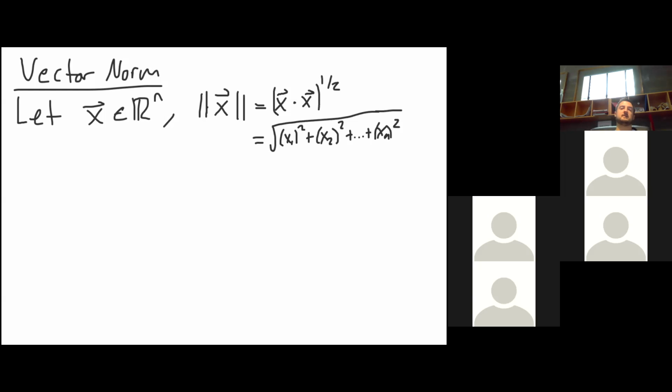So how we define this norm, our generalization of absolute value, is that we take the dot product of the vector with itself, and take the square root of it. If we evaluate that dot product, you take every element, square them, add them together, and then take the square root overall.